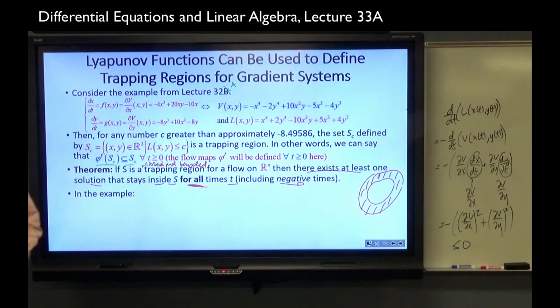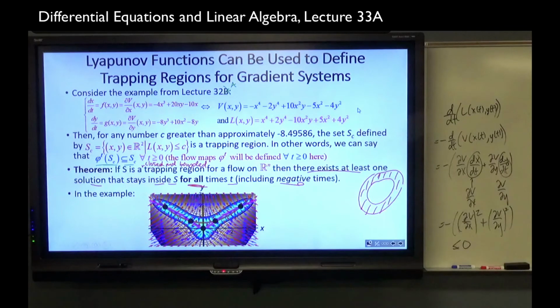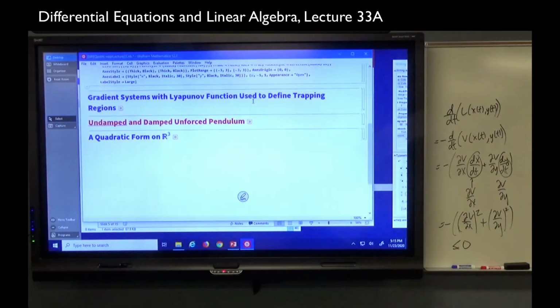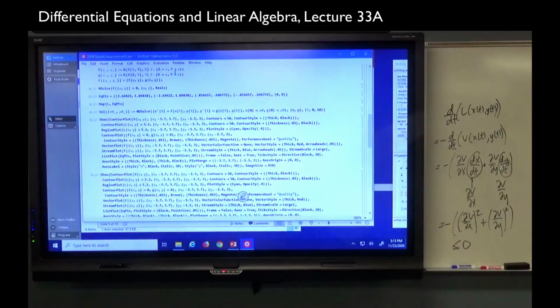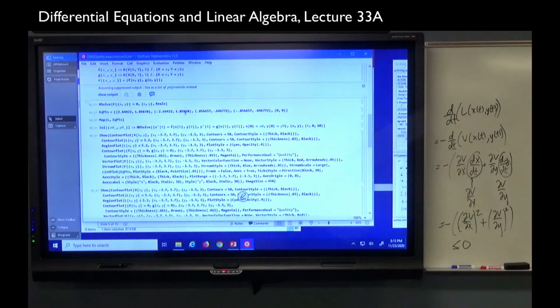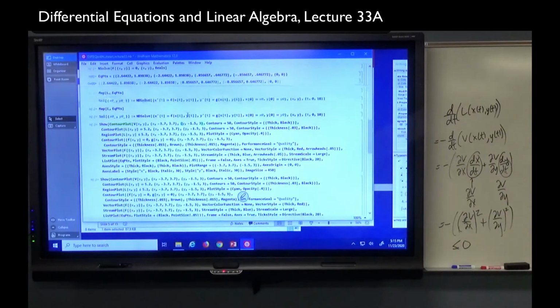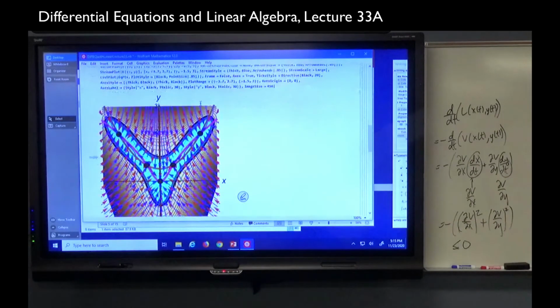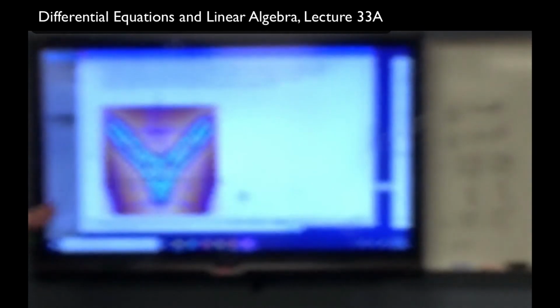What happens in our example? Let's look at Mathematica. Well, there's a picture from Mathematica. We'll also look at it again. Here we go. Here's the trapping region that's actually on the PowerPoint.